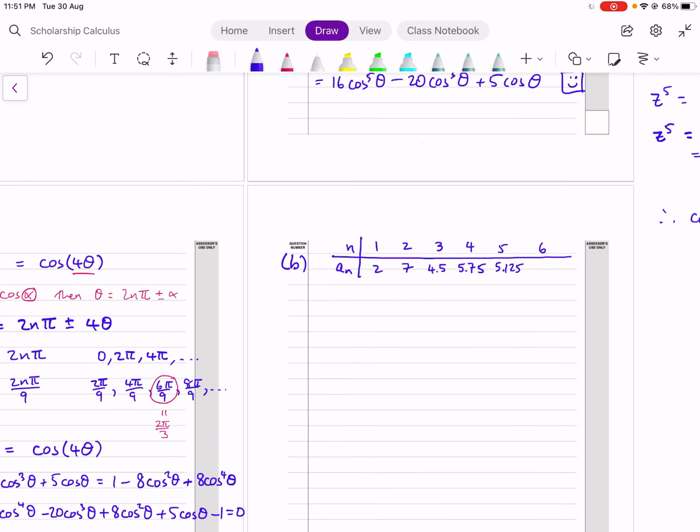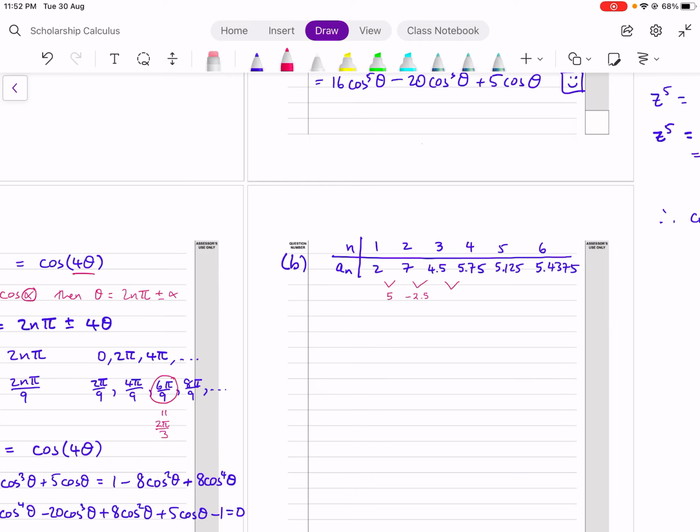Normally with sequences you explore the differences. So if we look at the differences, we can see that they're not going up by the same amount each time. So that rules out a linear pattern. Let's have a look. Differences. Difference of 5. Difference of minus 2.5.